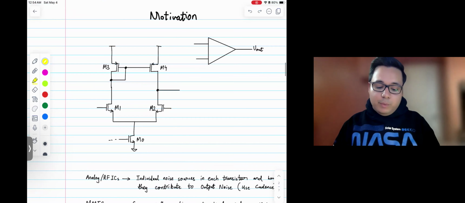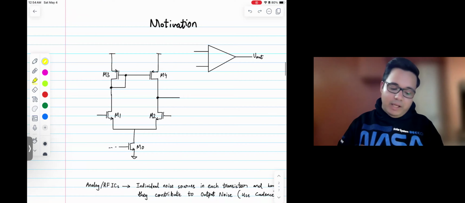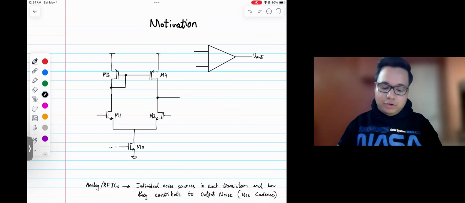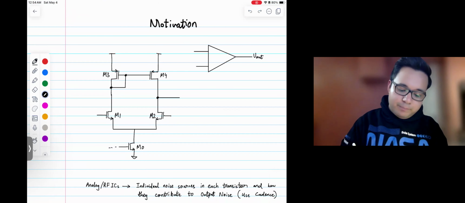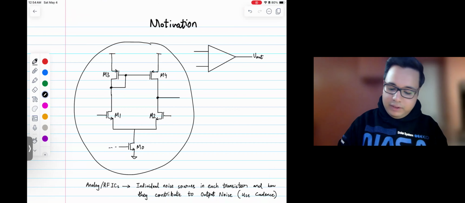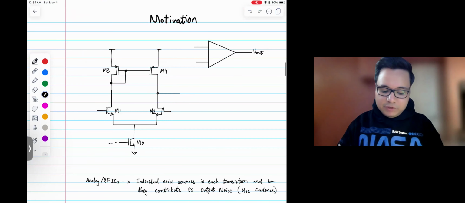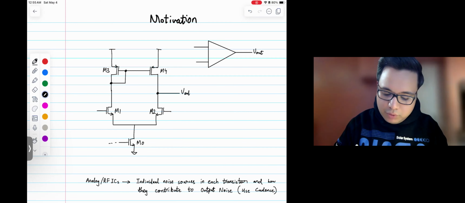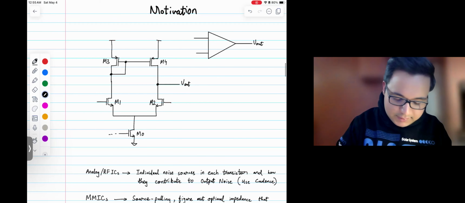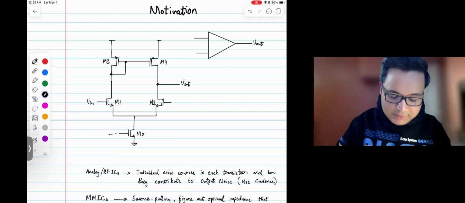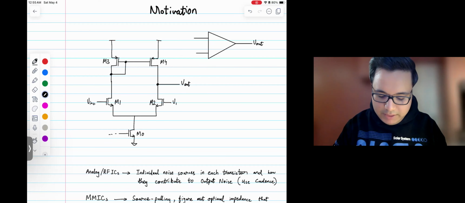Let's look at some of the motivation for output noise. And here, I want you to imagine this circuit. It's 5 transistors, M0, M1, M2, M3, and M4. Let's say this is the output node, and this is Vin plus, and this node is Vin minus.